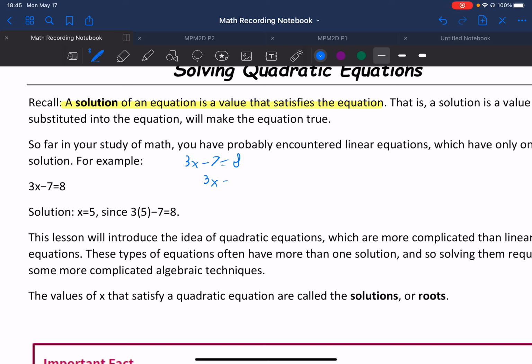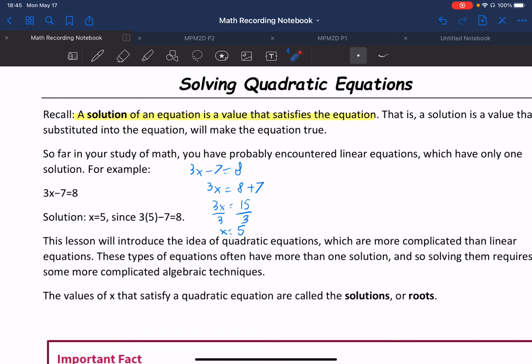So we get 3x equals 8 plus 7. 3x equals 15. We divide the 3 out on both sides, get x by itself, and that gives us 5. That is how we've solved solutions previously. We've isolated the variable and given ourselves the value. See the solution here? x equals 5.